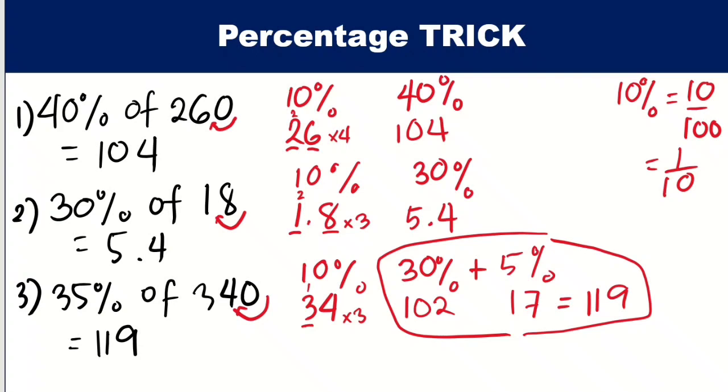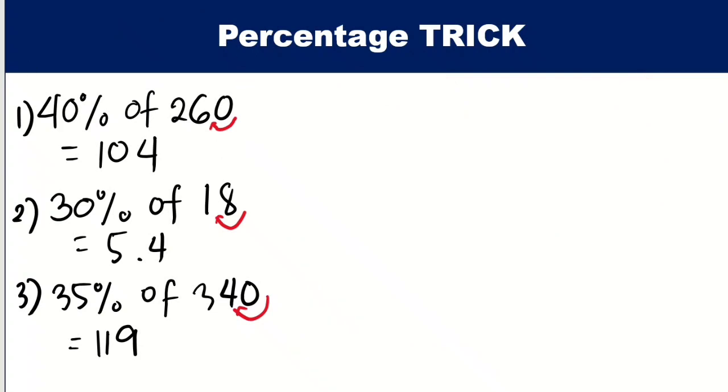Next, suppose we have a problem like this. Suppose we want to get 27% of 620.